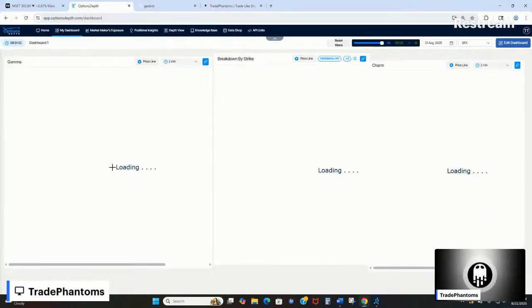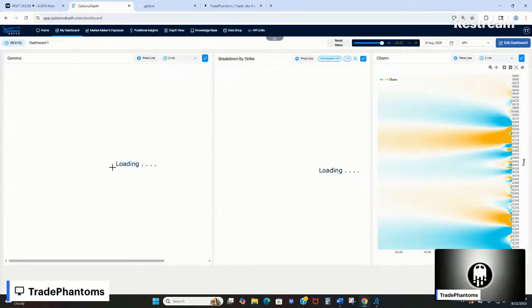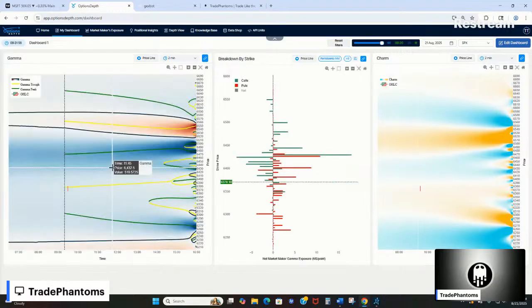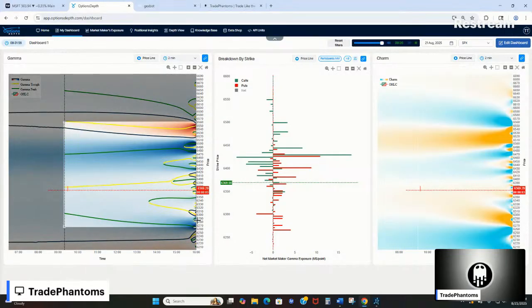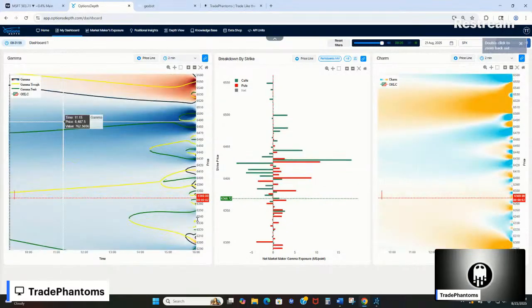NVIDIA putting in an interesting bar. Just want to get an update on this. All right, that 50 handle is still there, but not super strong.